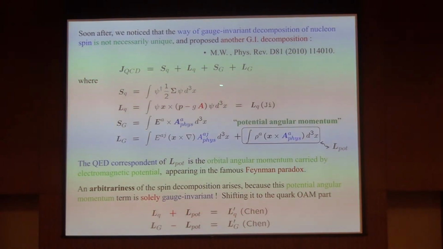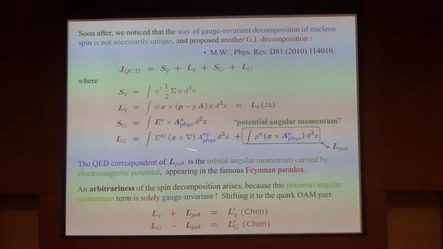And soon after, we noticed that the way of gauge invariant decomposition is not necessarily unique, and proposed another decomposition. The feature of this decomposition is as follows. First, the quark spin and gluon spin parts are nothing different from the Chen decomposition. But the quark OAM part just coincides with the Ji decomposition. As a consequence, the gluon OAM part is also different. It consists of two parts.